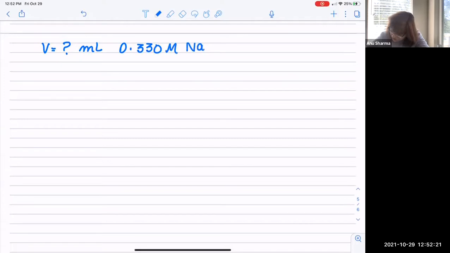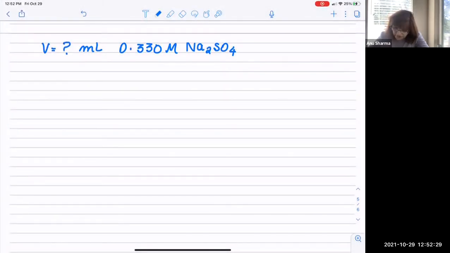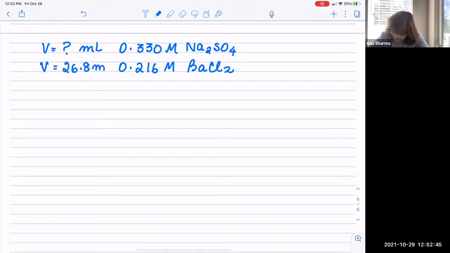You are going to find the volume in milliliters of 0.330 molar Na2SO4, sodium sulfate solution, needed to react with the barium chloride solution, which is 0.216 molar. The volume of the barium chloride solution is 26.8 milliliters. So what is the volume of the sodium sulfate?